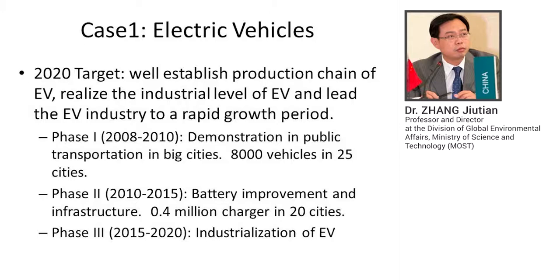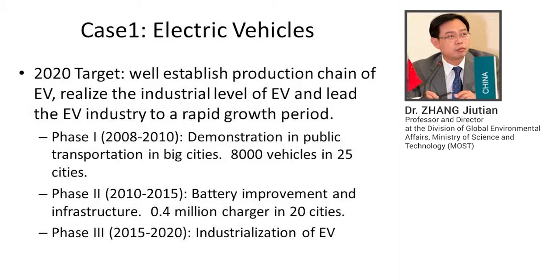We have 8,000 vehicles demonstrated in 20 cities. In phase two, the main target is to improve the battery and the infrastructure and to manage electricity chargers, and chargers in 20 cities are established. And now we are in phase three, the industrialization of EV.